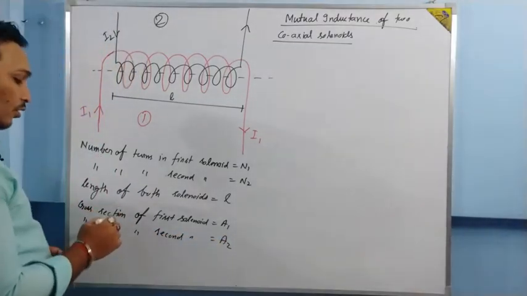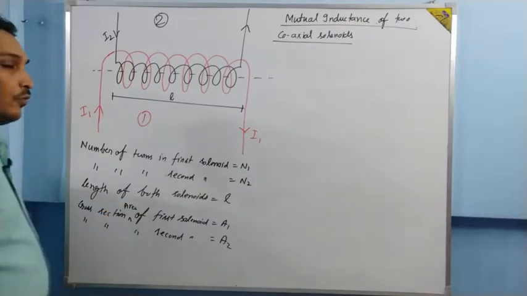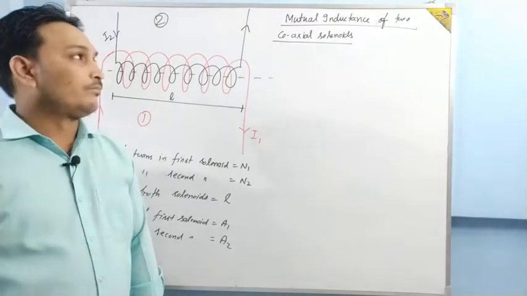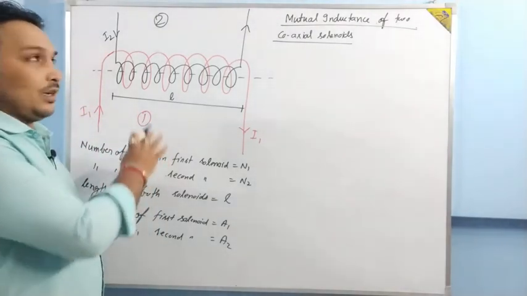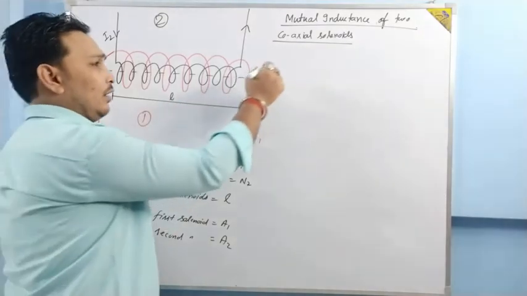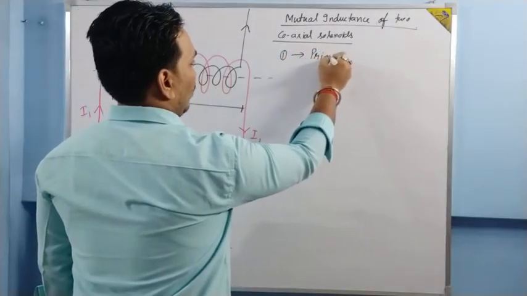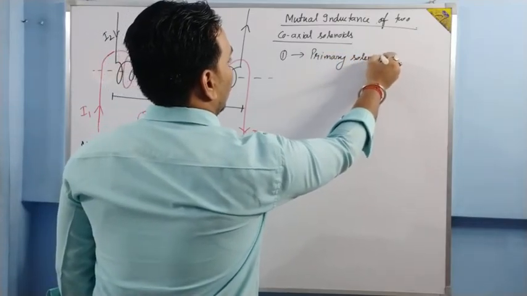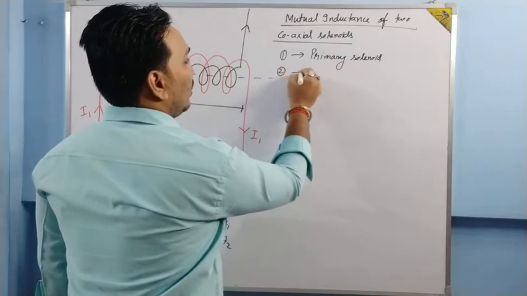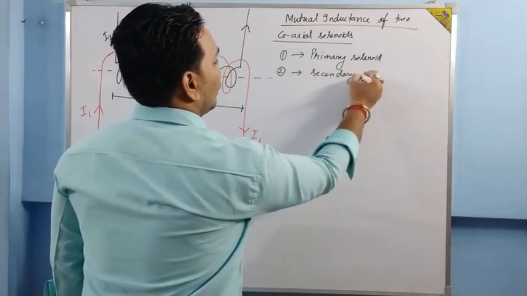And it is actually the cross section area, right? Now, let us consider the first as our primary and the second as our secondary. The first solenoid is our primary coil or primary solenoid, and the second one will be a secondary solenoid.